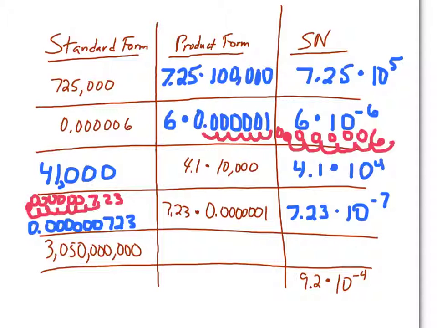Now, standard form is 3,050,000,000, all right? So I'm going to rewrite this as 3.05, and how many places do I have to move it?